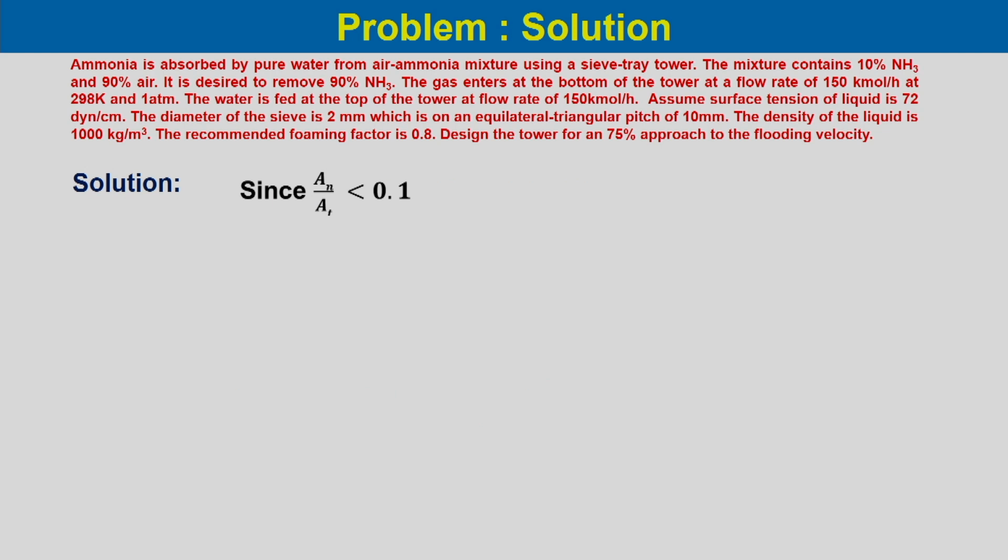Now, since An by At is less than 0.1, we can use the relation of FHA, which is 5 into An by Aa plus 0.5, which is equal to 5 into 0.037 plus 0.5, which is equal to 0.618.